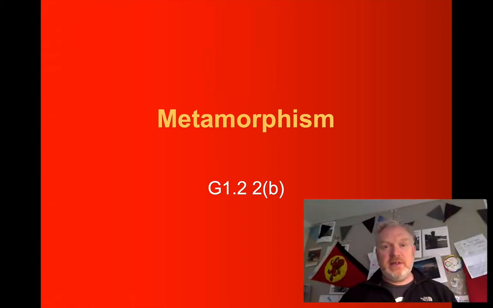Hi. To start this new topic, which I've called rock forming processes, which looks at taking our understanding of metamorphism and sedimentary processes just a step further than we did at AS level, I thought it would be worthwhile to spend a little time just thinking about what we actually mean by metamorphism.